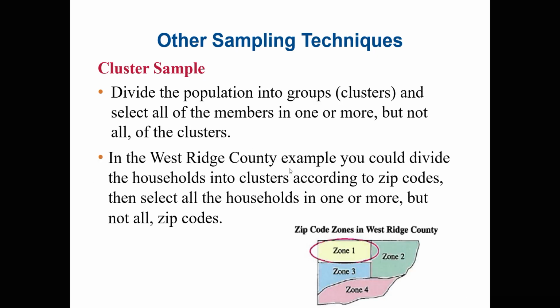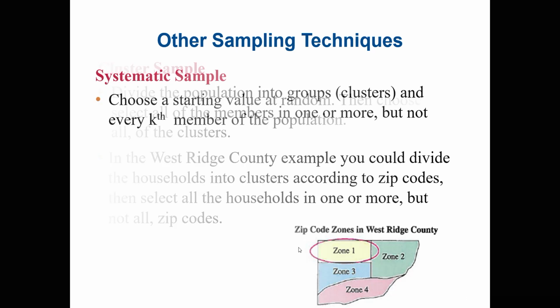So in the Westridge County example, you could divide the households into clusters according to zip codes, for example. Then select all the households in one or more, but not all zip codes. So you have different zones, and then you may choose one. You may choose zone 1 or zone 1 and 2 or zone 1 and 4. It really depends on what you are trying to achieve.